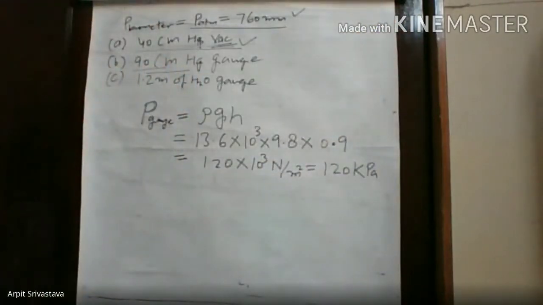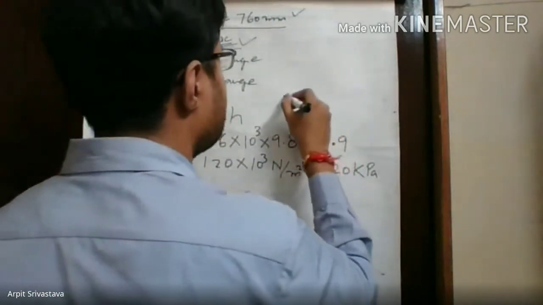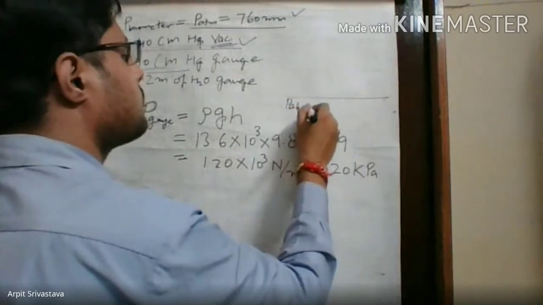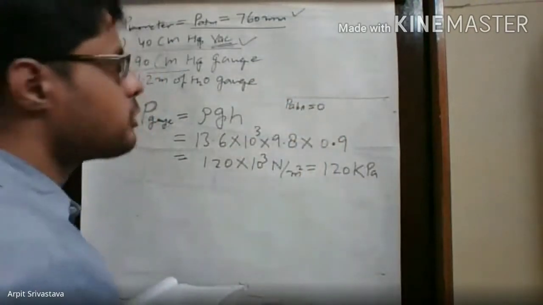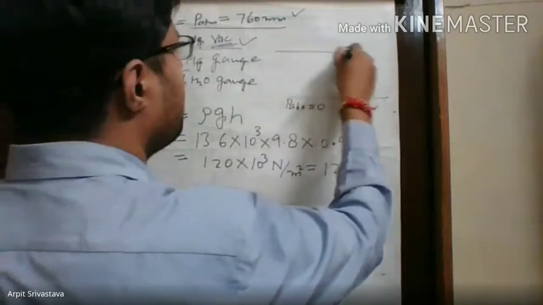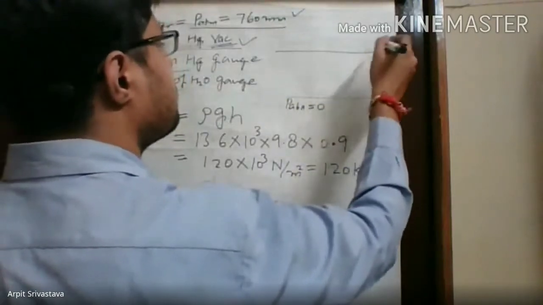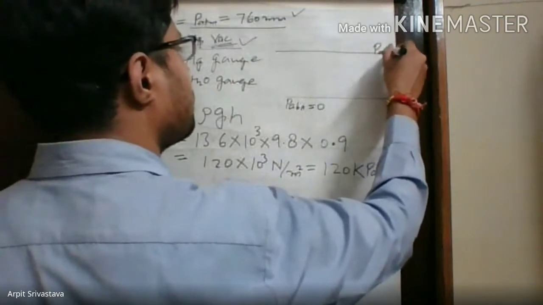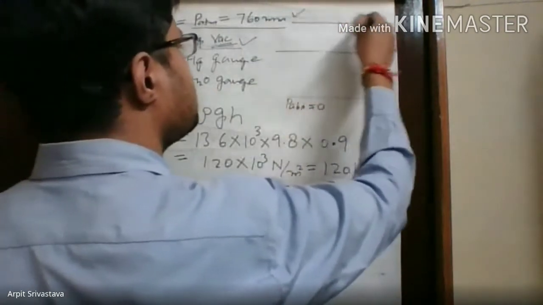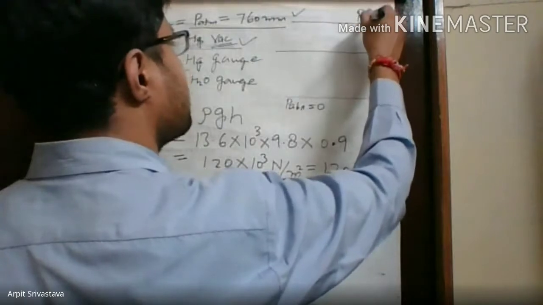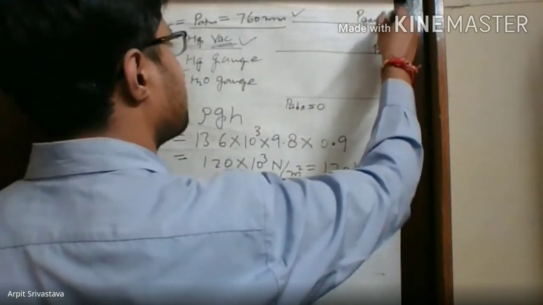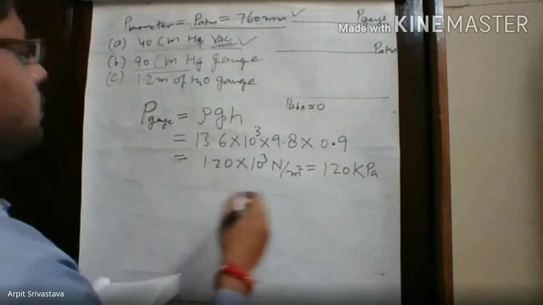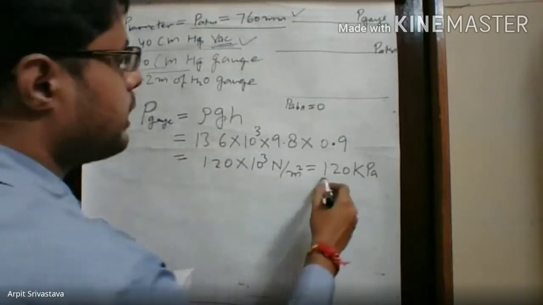By this you can easily see this is the P absolute pressure line, and this is the atmospheric pressure line, and this is the P gauge. So here the P gauge value is 120 kilopascal.